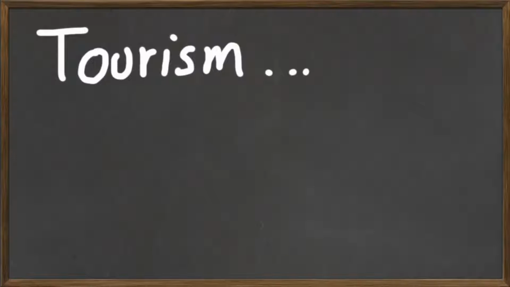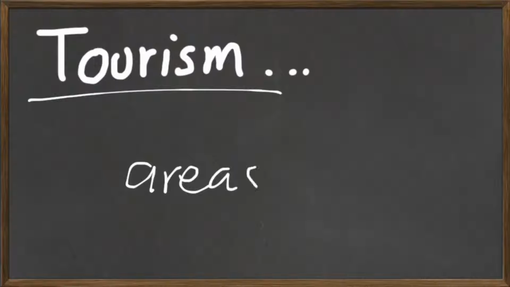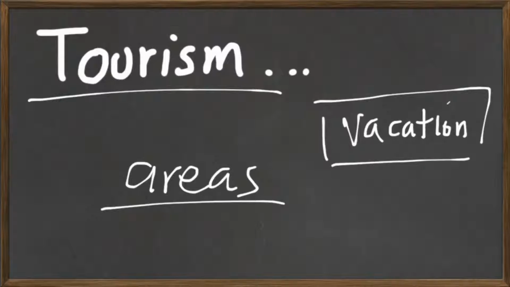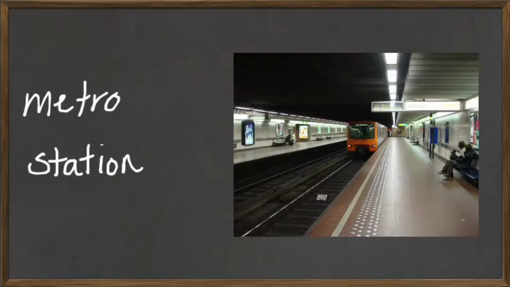Okay, sorry for changing topics so quickly, but this is what the unit requires of us. Now let's move on to tourism or touristic areas, or vocabulary for tourism. When you travel, you're on vacation, and you may want or need this vocabulary. Please repeat after me: metro station.